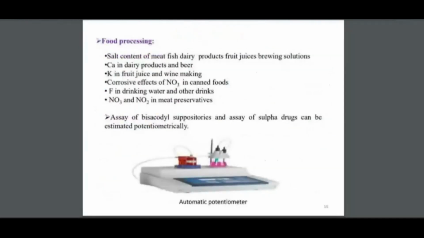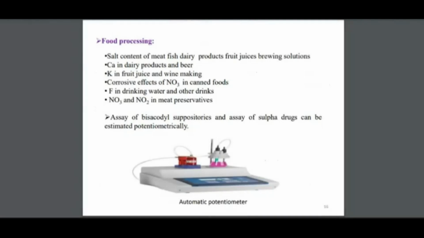Then next is application in the food industry. In the food industry, a lot of ions can be determined using potentiometry. So salt content of meat, fish, dairy products, fruit juices, brewing solutions, calcium in dairy products, also in beer, potassium in fruit juices, in wine making.